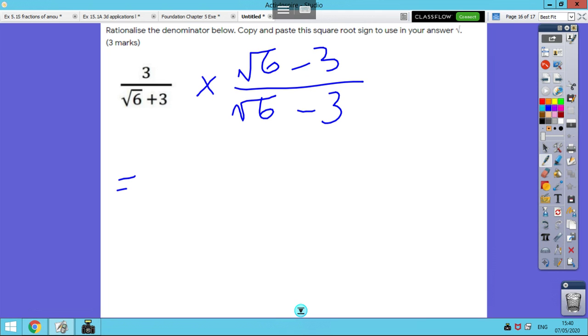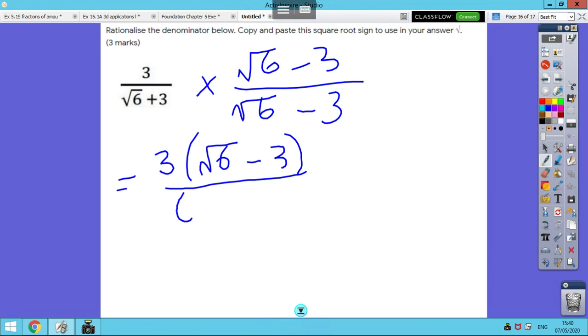Once you do that, on the top you have 3 times root 6 minus 3, all over 6, the plus 3 root 6 and the minus 3 root 6 cancel out, and then you get minus 9.